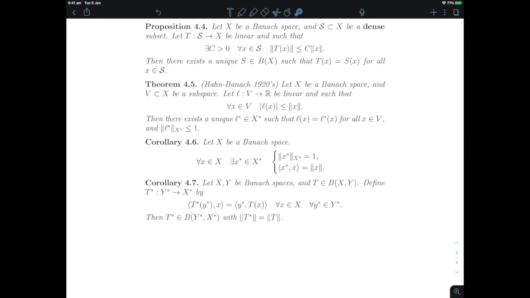Well, it gives you the following real number. Apply the functional Y star, which is an element of capital Y star, to T of X, which is an element of Y. So that extends the idea of taking adjoints of matrices or of bounded linear operators in Hilbert spaces to general Banach spaces.